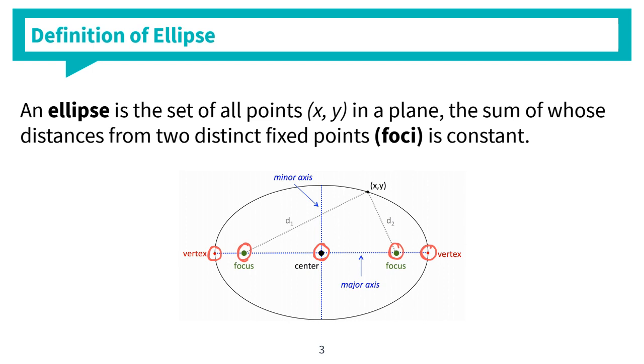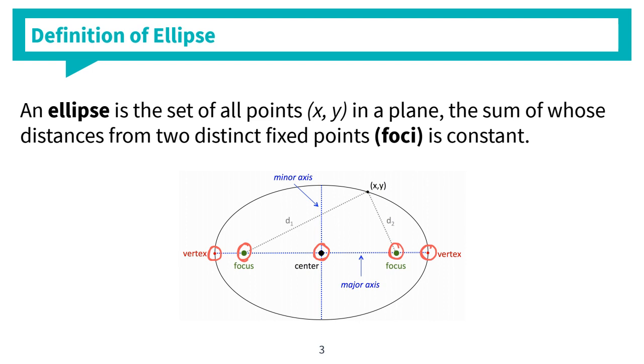When we talk about them together, we call them the foci. All right, so we're going to talk about those a little bit later on, especially when we talk about eccentricities. But for right now, I just want you to know that ellipses do have these points called the foci, and they actually do have some pretty cool applications when you start exploring things like orbits of planets.